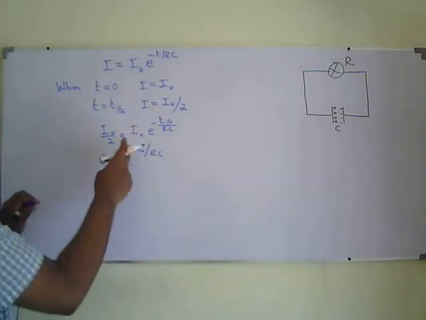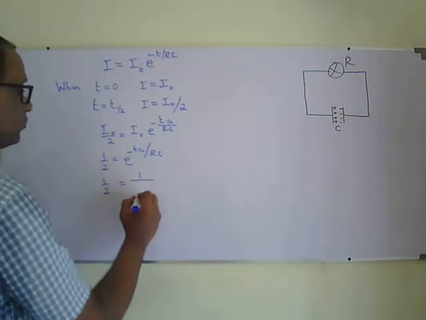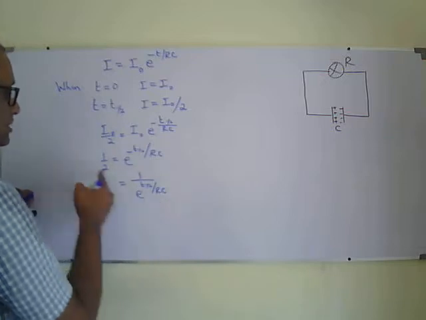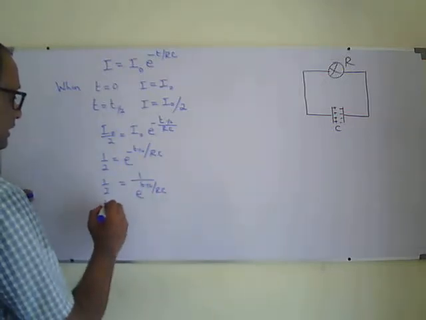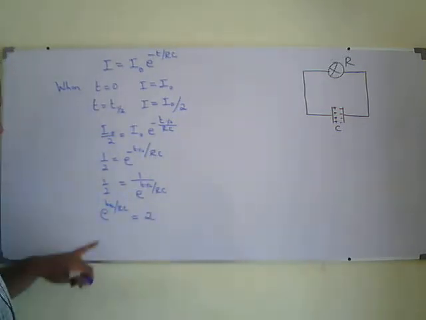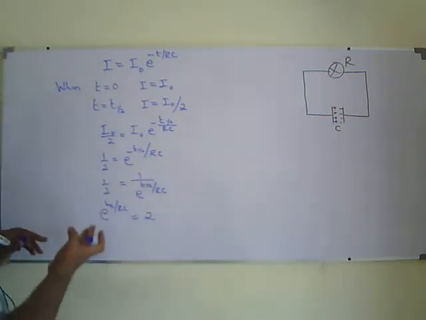You know how to do this. This can be written as half equals 1 over e to the power t half over RC. Cross multiply, right? So e to the power t half over RC equals 2.